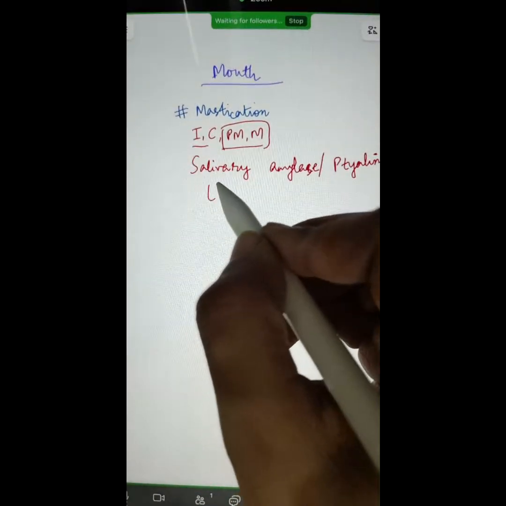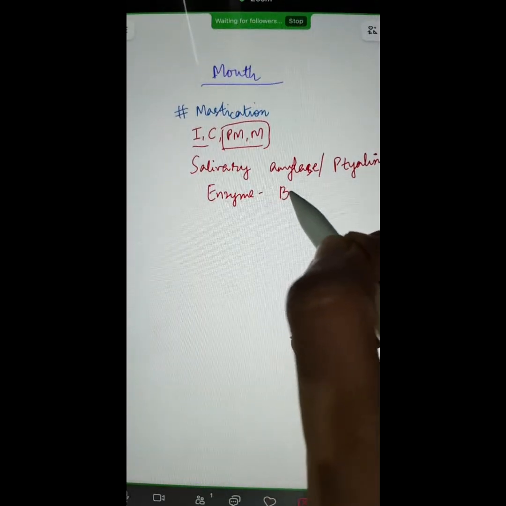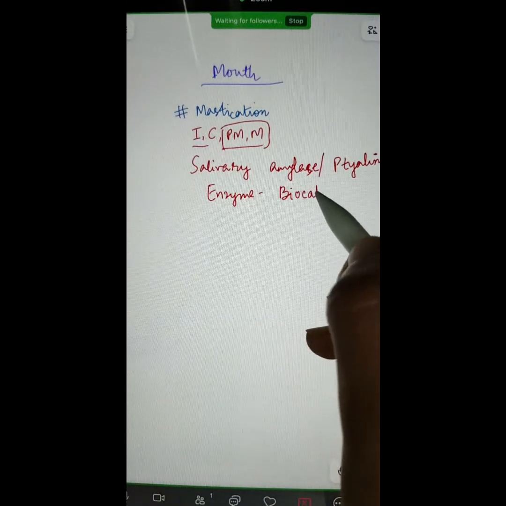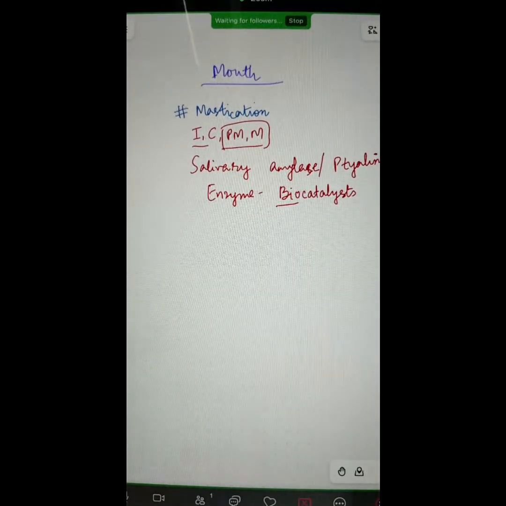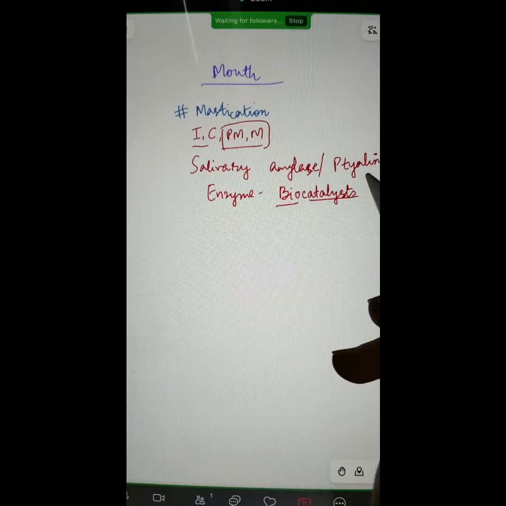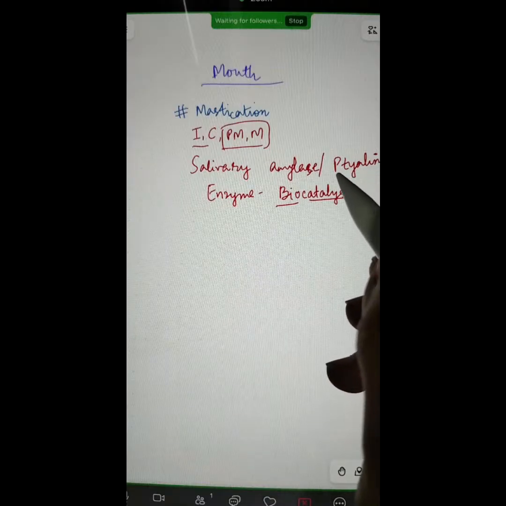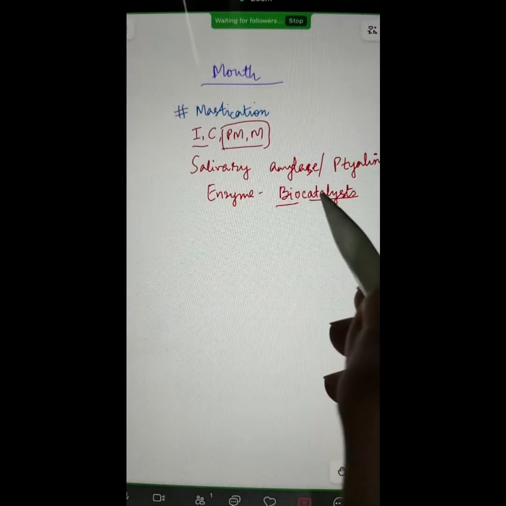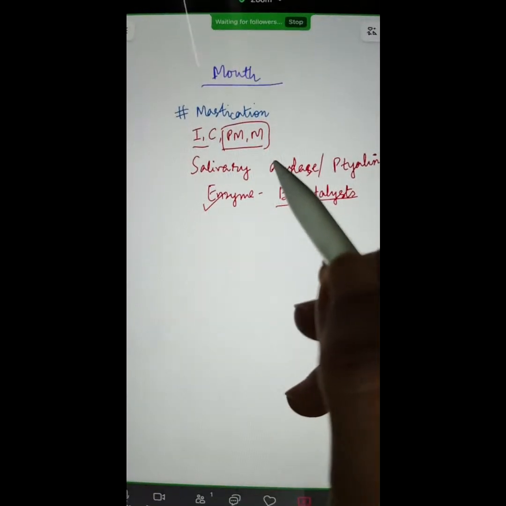This is the name of an enzyme. Enzymes are also known as biocatalysts. What do you mean by biocatalyst? Bio means living, and catalyst means a chemical that is used to speed up the rate of a reaction, right? So if a reaction is happening quickly, that means the enzyme is playing its role.